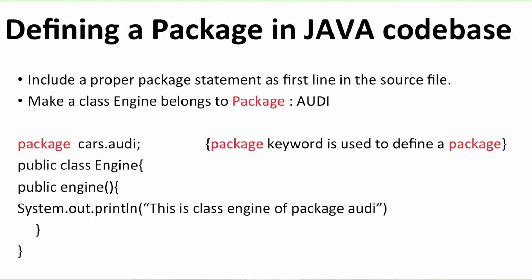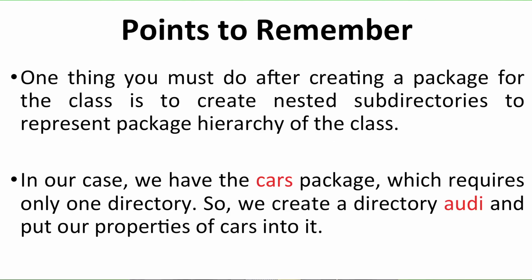Public class engine, we are defining its body. Then we are creating a function public engine, system.out.println, this is class engine of package Audi. So we have just understood the concept that we have here the class engine under the package Audi, and here is the definition of the code.